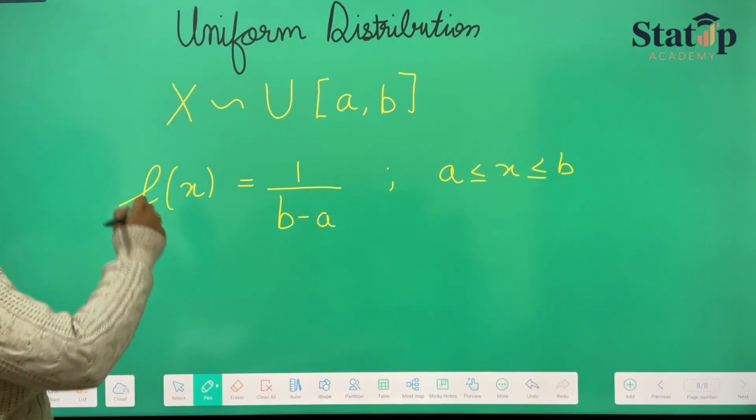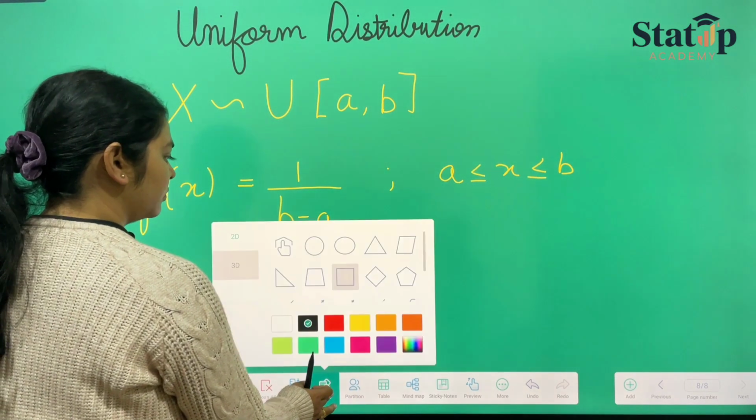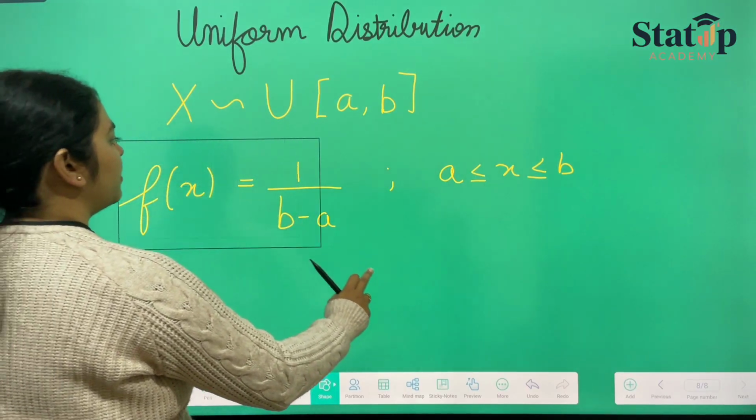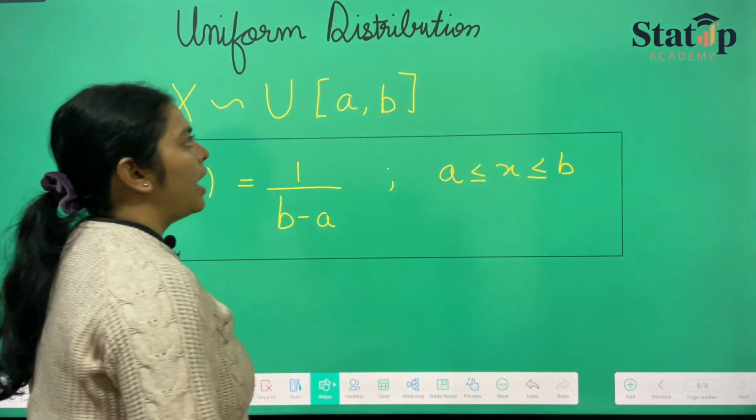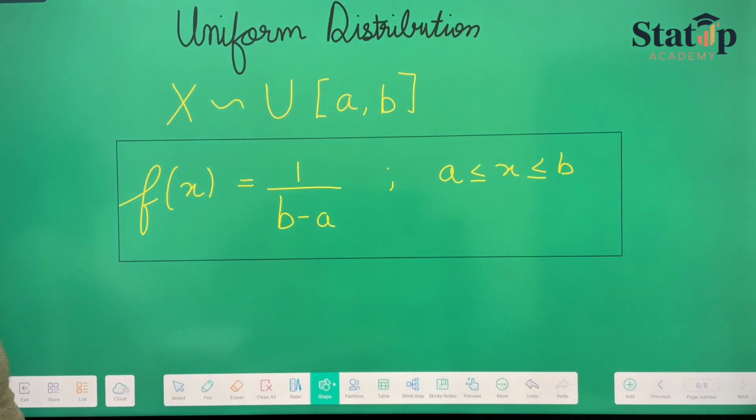So this forms our PDF of a uniform distribution, and this is how we solve for uniform distribution in the questions.